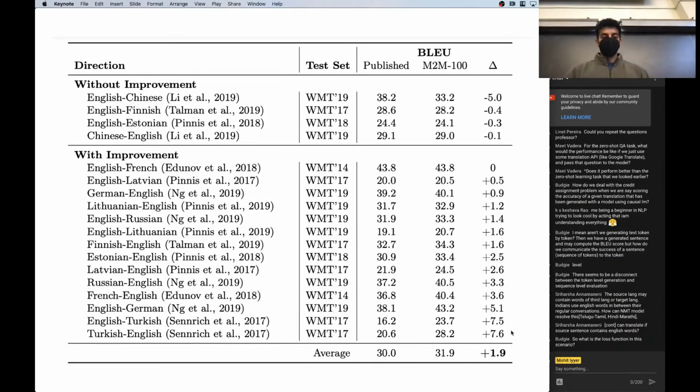So Turkish to English, they were able to get an almost 8-point BLEU improvement. Chinese seems to have always been one of the hardest languages to translate into, and unfortunately it actually got worse results than the bilingual baseline. So a lot of work to be done there, but overall this is very promising.